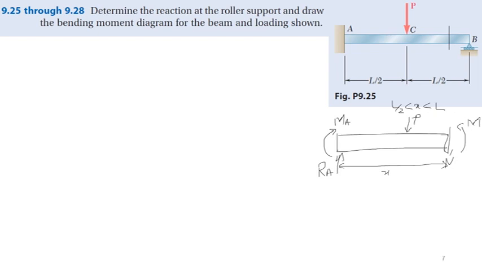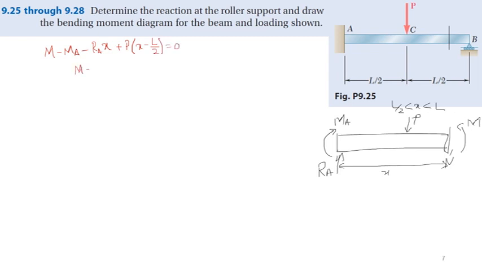Okay. Now, if I want to write the moment equation, that will be M minus MA minus RAX plus P, and that P will be multiplied by X minus L by 2, and this will be equal to 0.